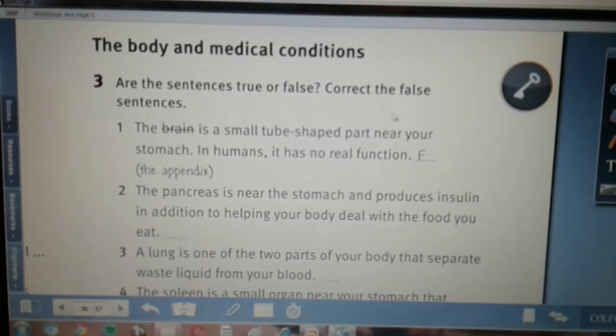So this part talks about the function of the body parts. Okay. So like number 1, it's not brain, which has no real function and shape like a tube, but it is the appendix. So write down appendix and write down the answer here, false.